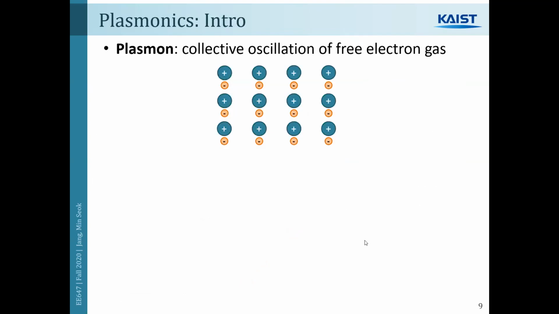Okay, so now let's move on to the introduction of plasmonics. Unlike conventional optics, plasmonics uses metals as its main ingredient. And the biggest difference between metals and dielectrics is that metals have free electrons.